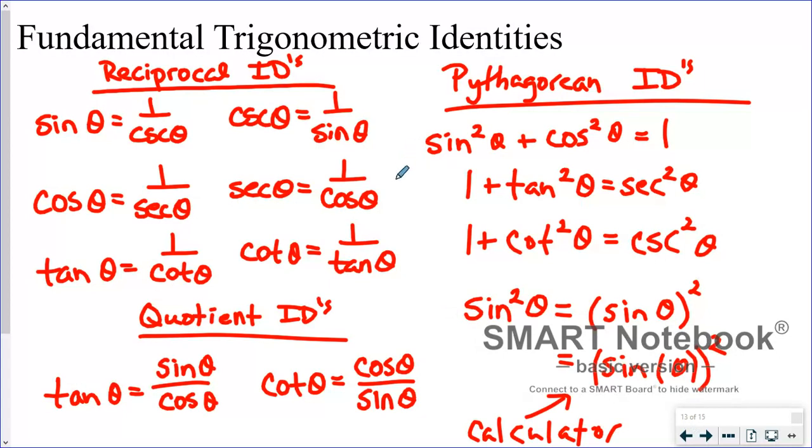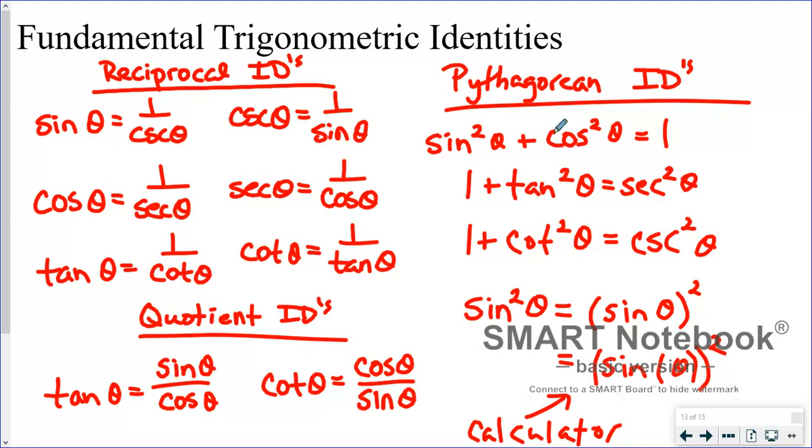I have cosine, so I could find secant, but that's not what they ask me to find. They ask me to find sine and tangent, but when I have two missing pieces, I can't solve for them. You can only solve when you have one missing piece.